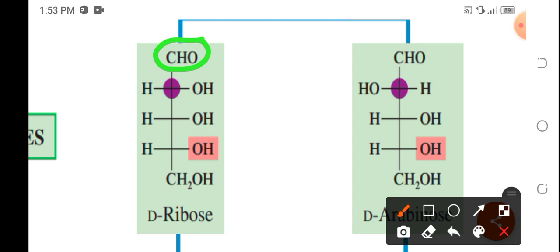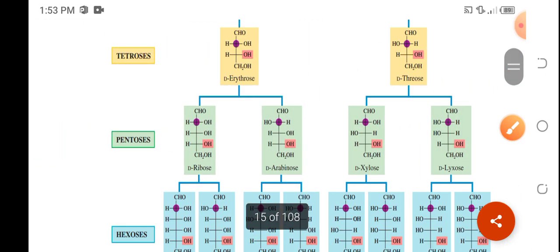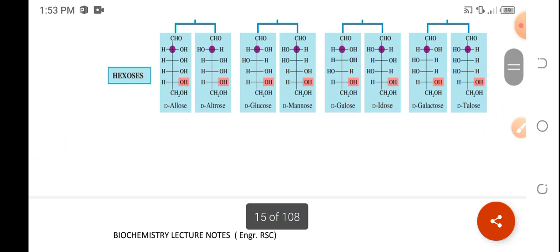That's the aldehyde. And it is a polyhydroxy substance. Paano naging 5? This is carbon number 1, carbon 2, 3, 4, and 5. That's ribose. Okay. Now, let's have naman the ketoses.